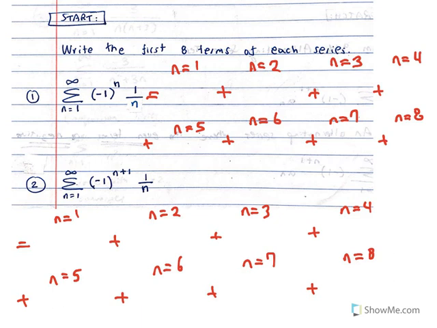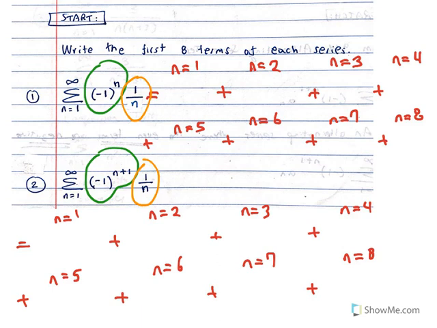So here we have this activity, write the first 8 terms of each series. One thing to note is that in each series you have this part of it, and the part that I'm circling in green now is going to give you the alternation of signs. And you have the other part of it, which is just 1 over n for both series.